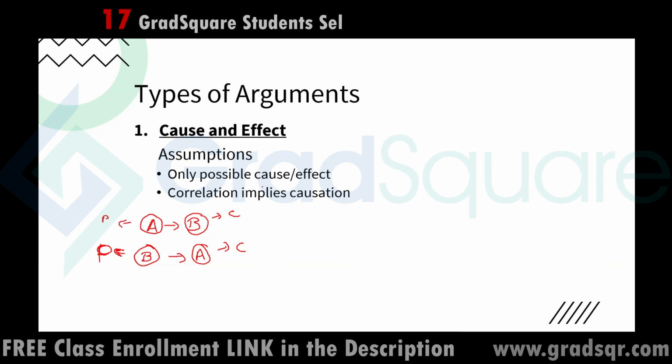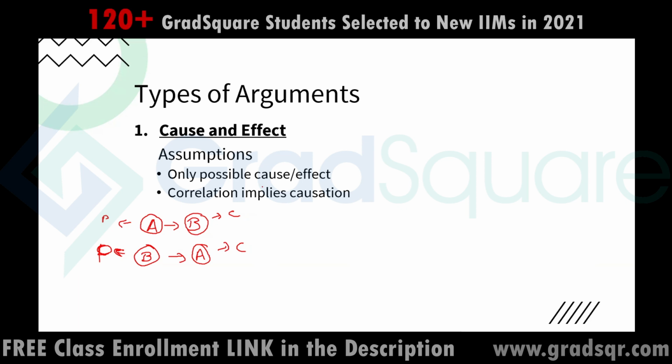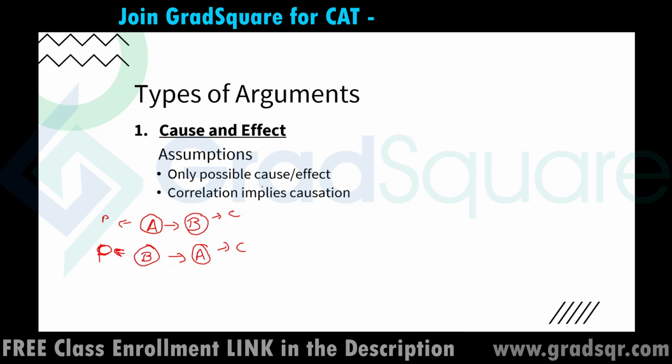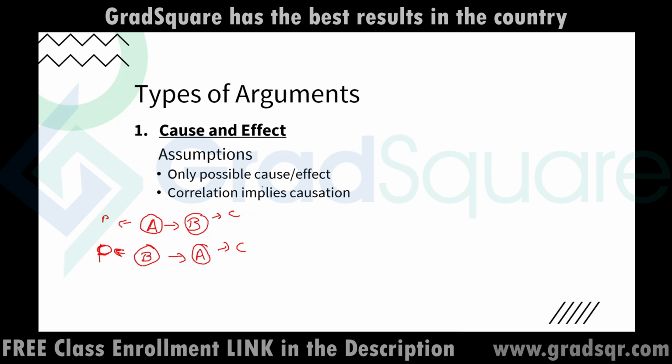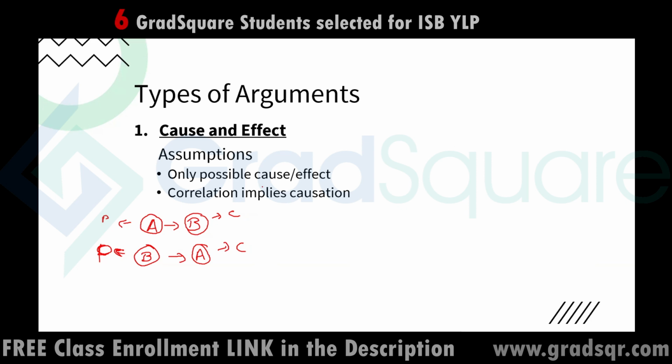One is that there is only one effect for the given cause, or only one cause for the given effect. So if the author says that I know this effect has happened, so I can conclude that the cause must have taken place, then the author is basically saying that the effect could not have been brought about by some other cause. So the assumption is that there is a one-to-one mapping between the cause and the effect. That's the first assumption present inside cause and effect arguments.